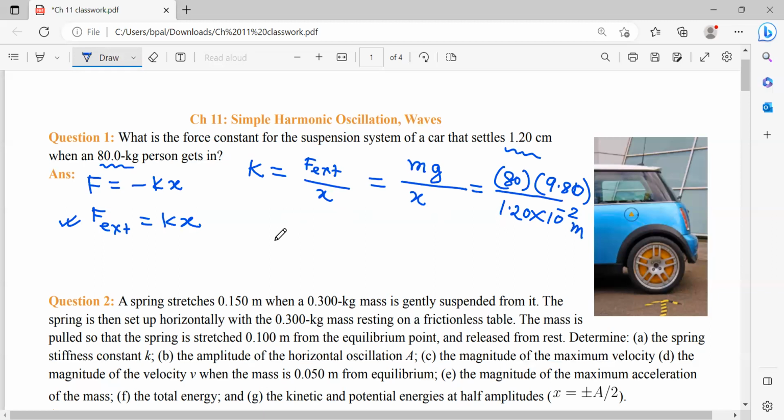If you put all these values in your calculator, you should get 6.53 times 10 to the power 4 Newton per meter. So the force constant is 6.53 times 10 to the power 4 Newton per meter for the suspension system of this problem.